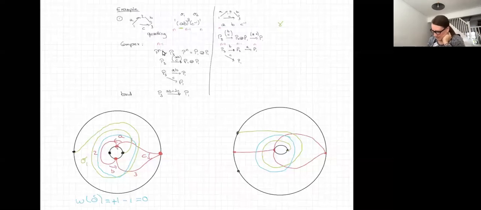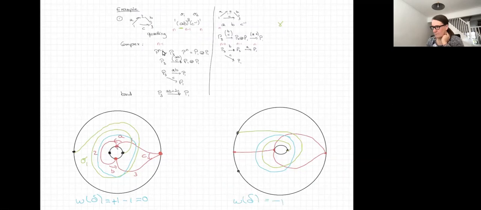So we get winding number of that blue curve equal to -1. And so this means that here delta is not in the derived category. Of course, it should be the whole complex, whereas here delta is in the derived category. Okay, so this is the construction of the objects.